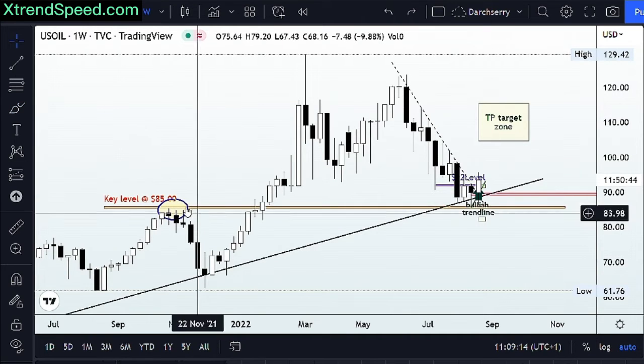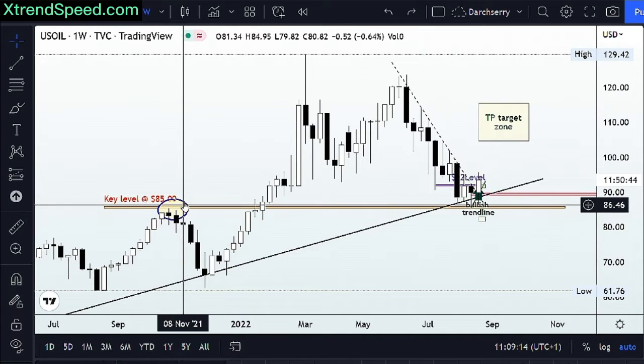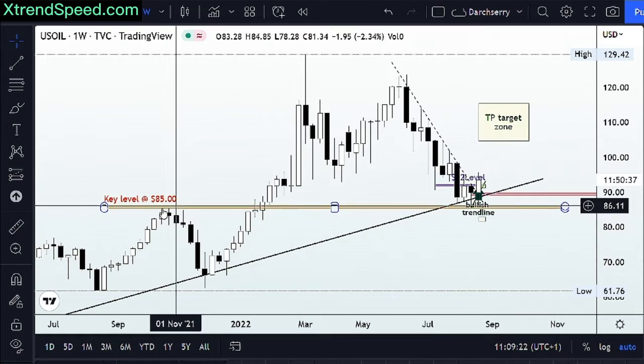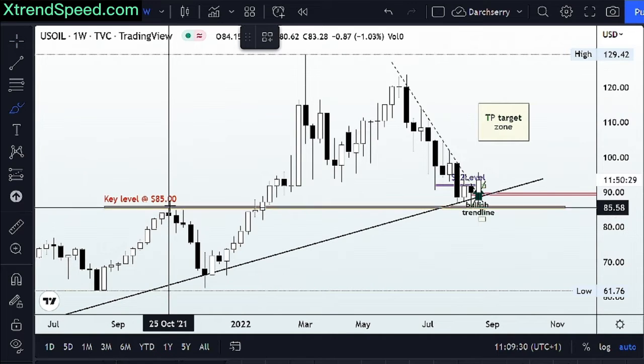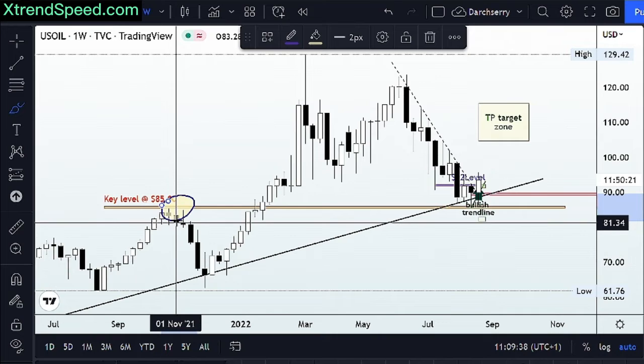And when we look at what has been happening since the beginning of the year, we can see that we have a key level at around the $85 area. If we look at how that level has been a major determinant of price action in the past, we will notice that during the later part of last year, this level rejected price action as sellers took over the market from that point.